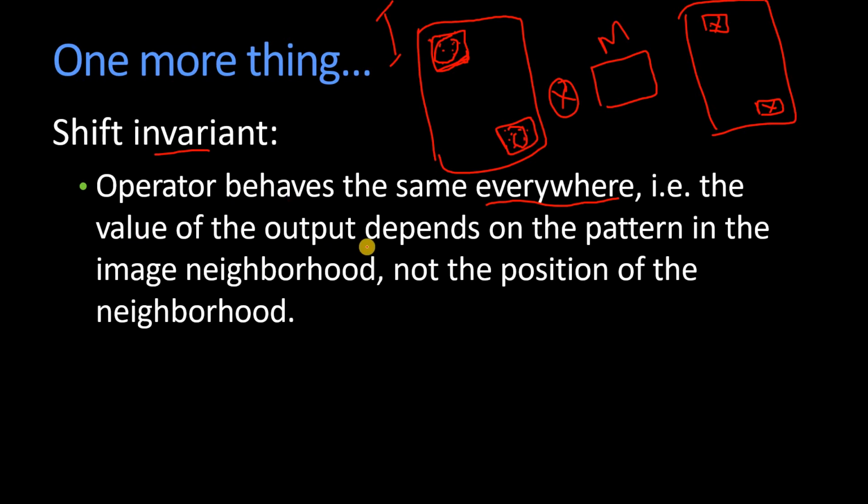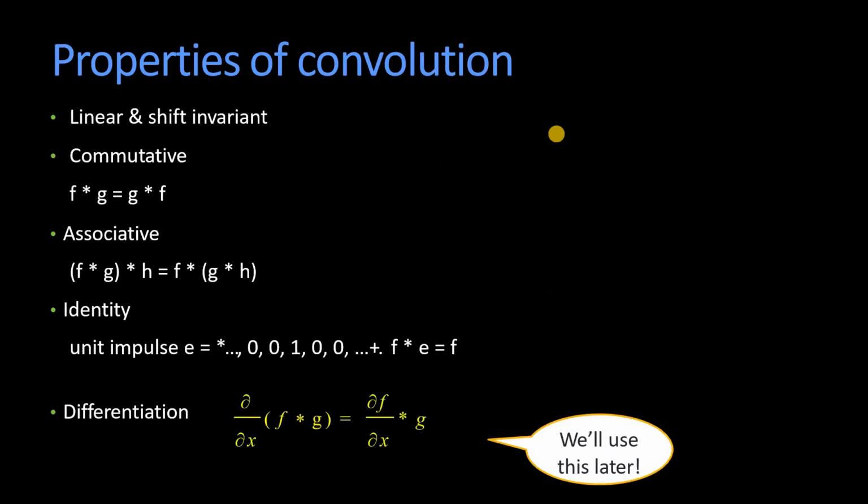The value of the output depends only on the pattern in the image neighborhood, and it does not depend on the position of the neighborhood. What matters is the value inside. I hope it's clear. This is called shift invariant.